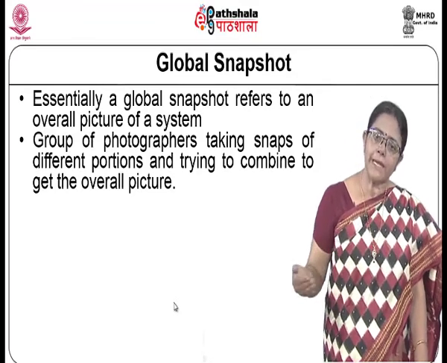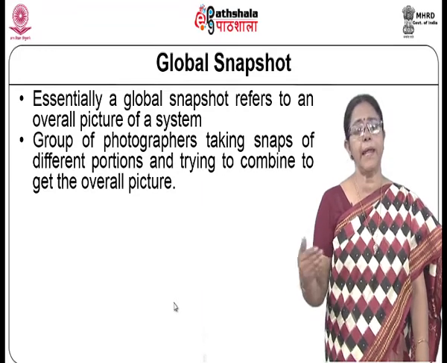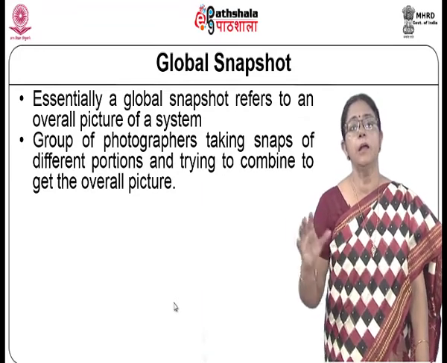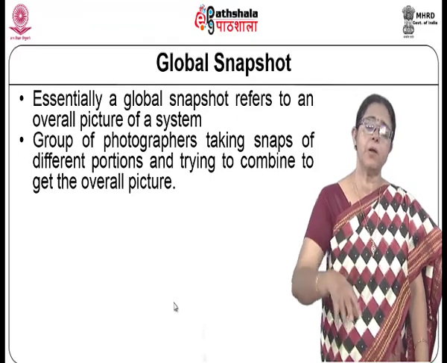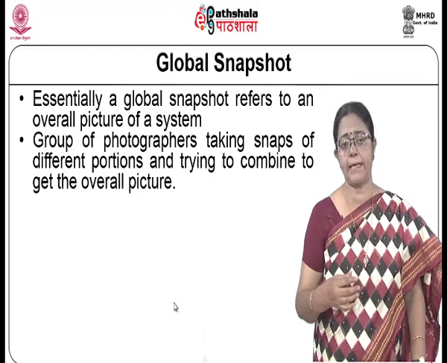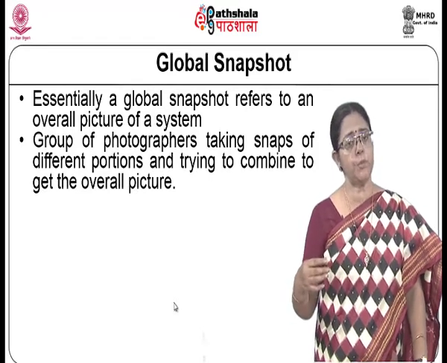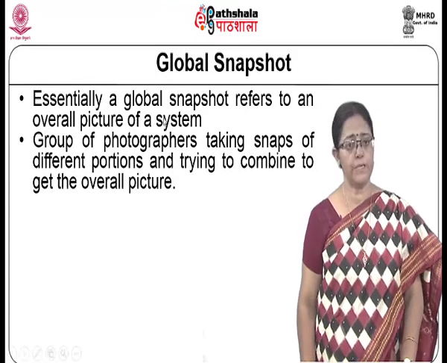We should continue doing the normal work without hampering the normal work. These are called local snapshots: each process will take a snapshot of its own locality, and we should be able to put all these together and come up with a global snapshot.